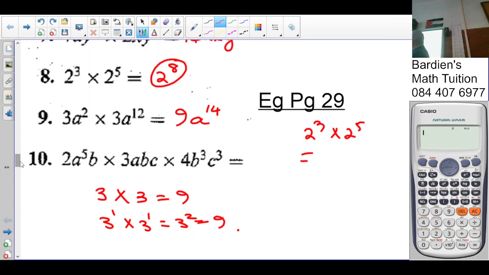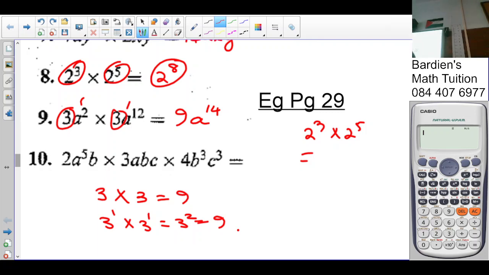You see the difference between this and that is that the exponent on the 3 is 1. Can you see that, people? So I didn't need to add the exponents there. Otherwise it will be 3 squared, which is 9 anyway. Does it make sense?